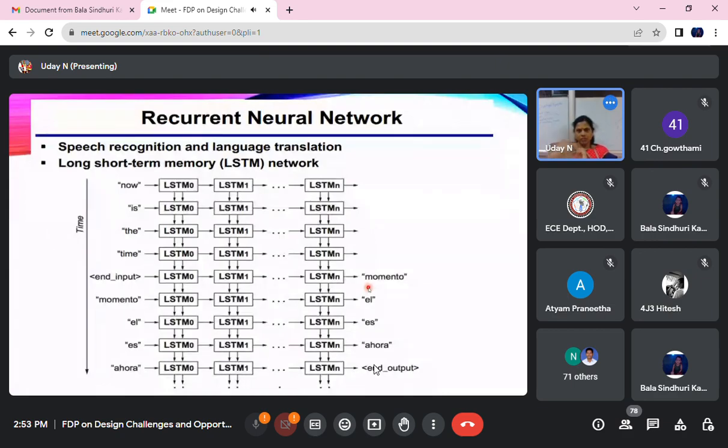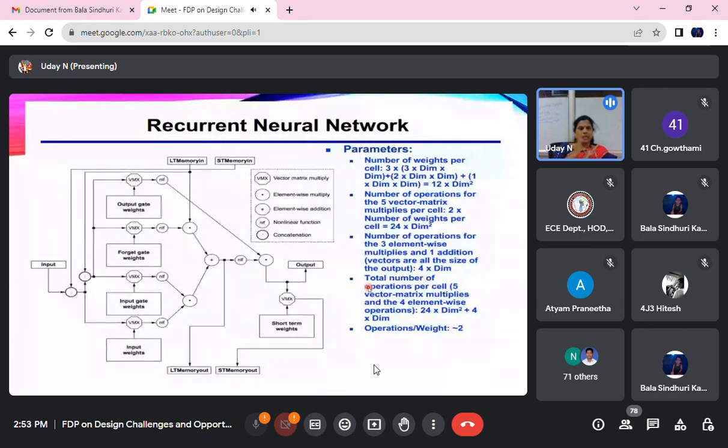Again, the architecture for this recurrent neural network should have an output gate, a vector matrix multiplier, a nonlinear activation function, a concatenation function, an element wise multiplication function, and an element wise addition function.